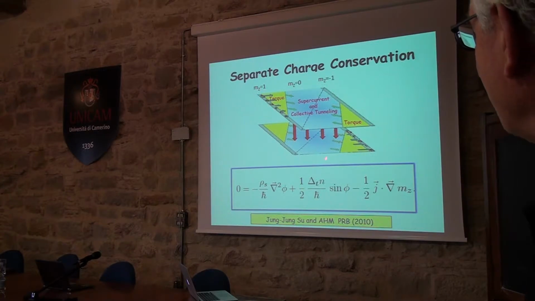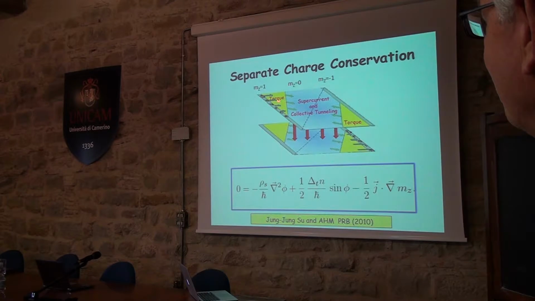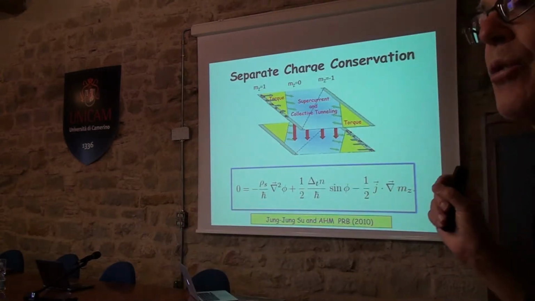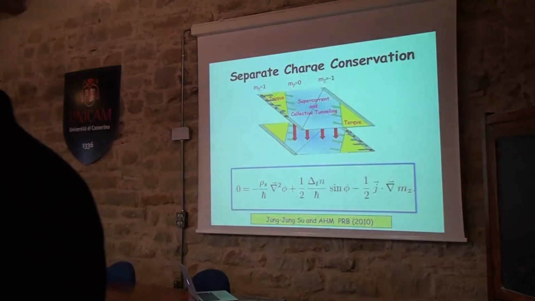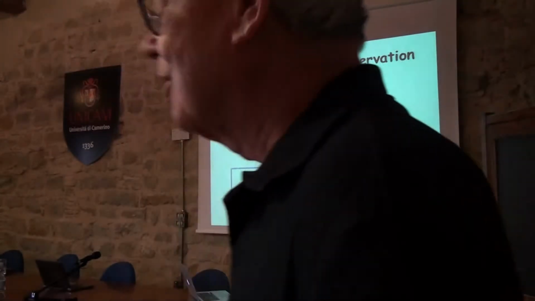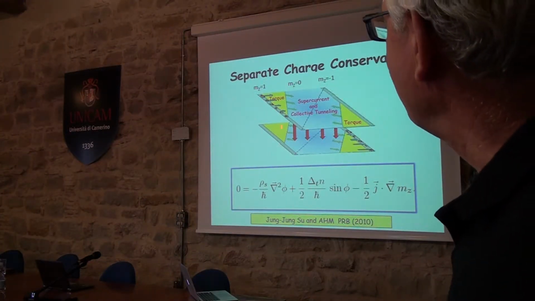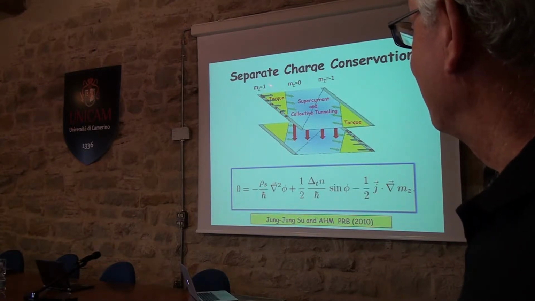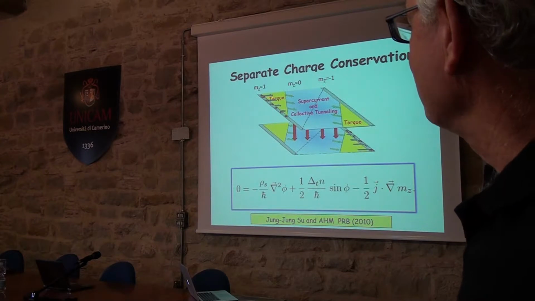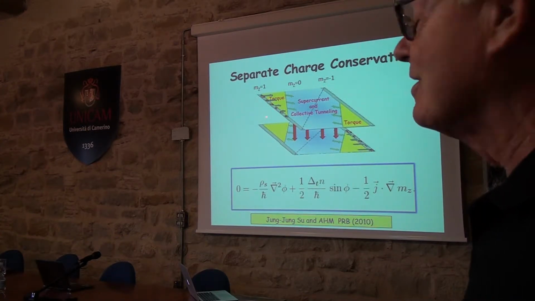This illustration from this paper several years ago uses the language of magnetism to describe the statement that whenever quasi-particles go from one layer to another, you have to launch a Cooper current. So that's why this says torque here. This is a spin transfer torque, or a pseudospin transfer torque in the magnetic language. And this is because the quasi-particles are violating separate conservation of number in the two layers.